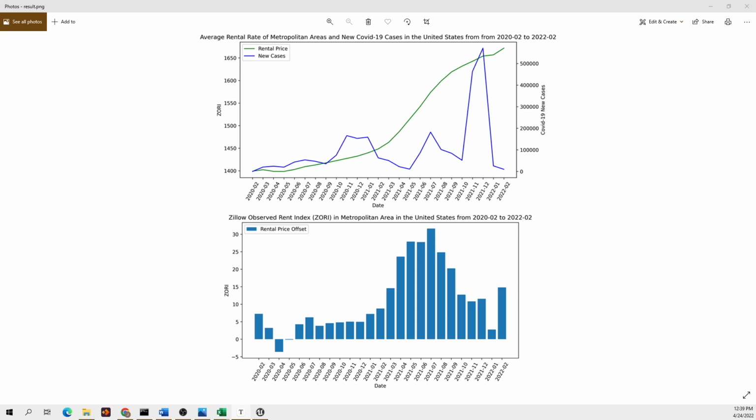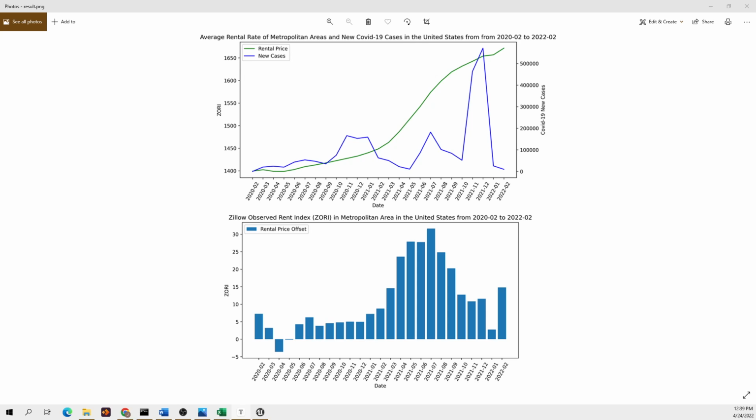and lots of people started to work from home. So the purpose of this project is to investigate the relationship between COVID-19, for example number of cases, deaths, vaccinations, etc., and rental price across the United States.